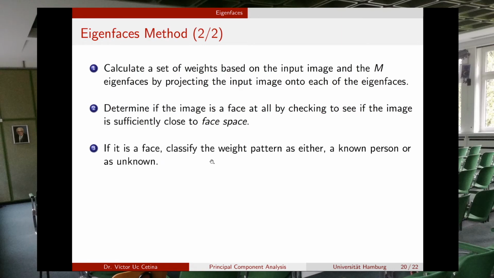If it is a face, then you need to classify the weight pattern as either a known person or an unknown person. Remember that each of the faces, suppose that you have 100 faces in your dataset. Once you have projected all these 100 faces onto the face space, the new subspace, and suppose that you have 7 eigenfaces, then each of these 100 faces will now be a vector of size 7.